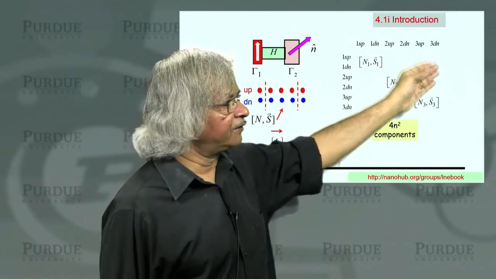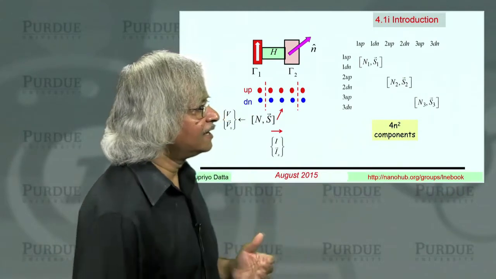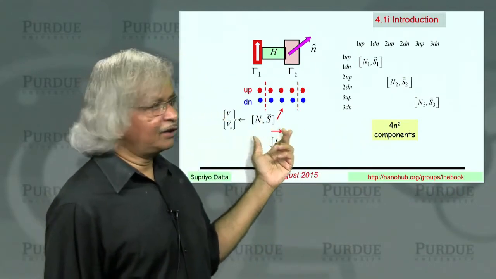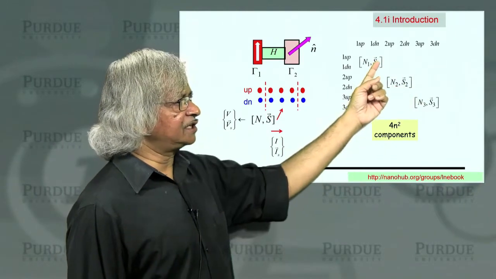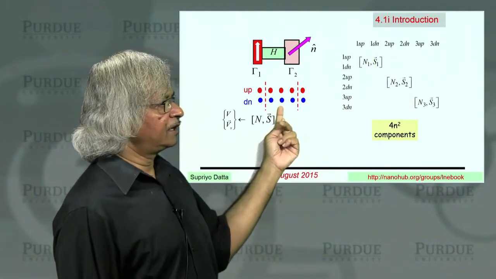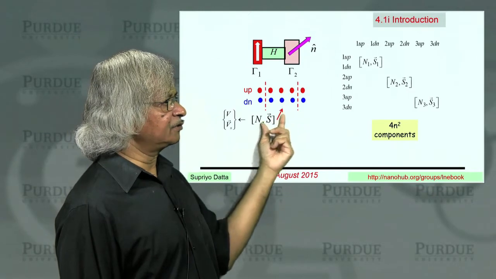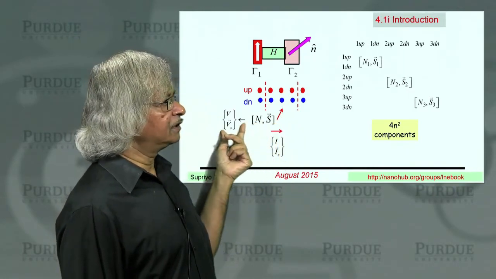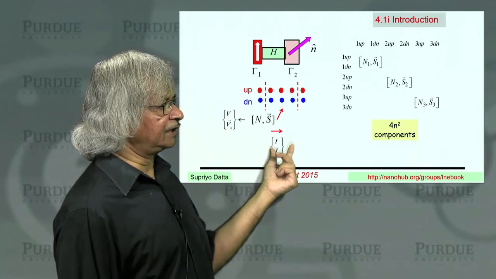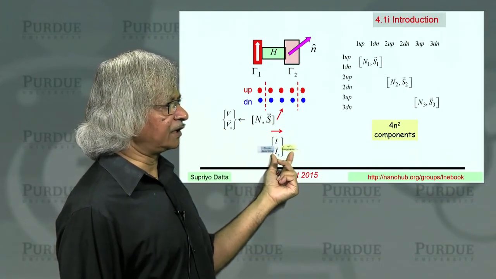But you can get rid of the rest. So you can have a simplified description where you don't worry about all these off-diagonal elements. You just keep track of the blocks. So at every point like this, you consider these 4 quantities, n and s, or the spin voltage, or you can calculate the current and the spin current.